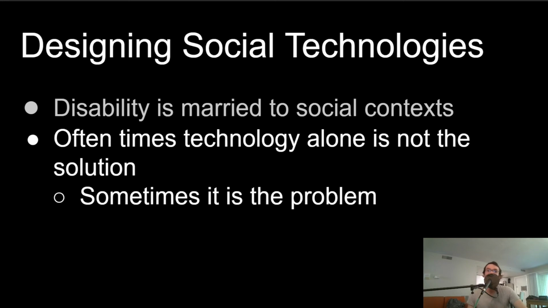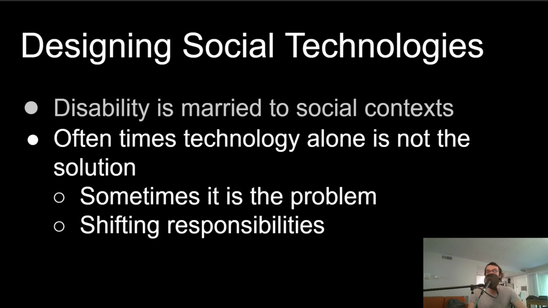And oftentimes, it can be the problem, really, because it shifts responsibility from society, who should be providing accommodations, to the person with the disability to get the newest and latest, greatest piece of technology to be able to interact with society.